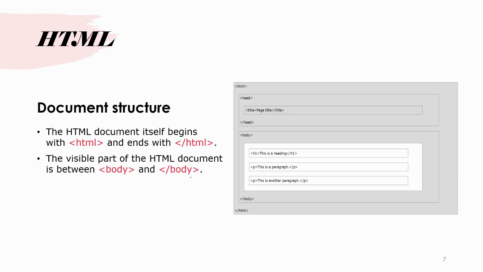And most HTML documents should have a basic structure. You start the HTML document with the html tag and end it with the slash html, which means they have the HTML element with the open tag of HTML and close tag of HTML. Inside it, they have a body, which is the visible part in the web browser.